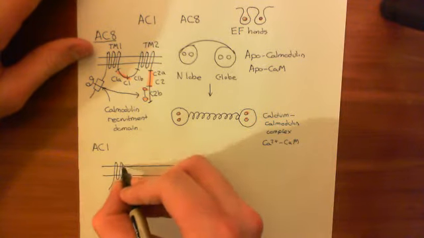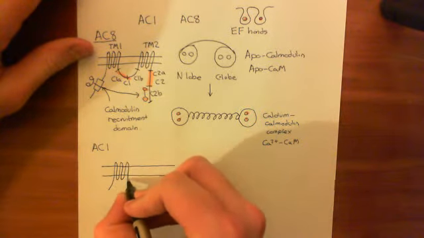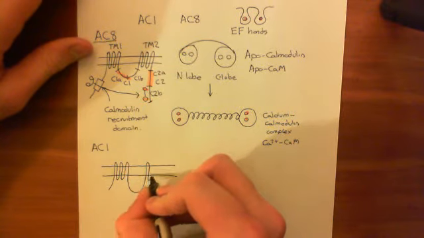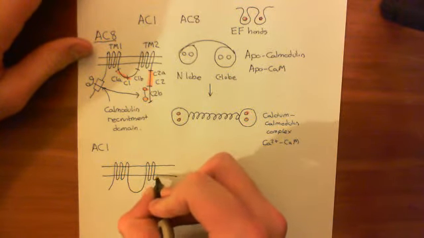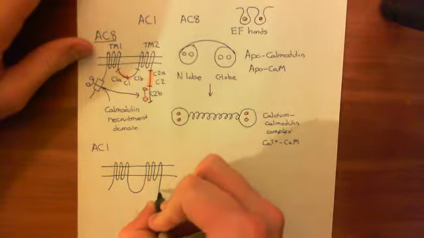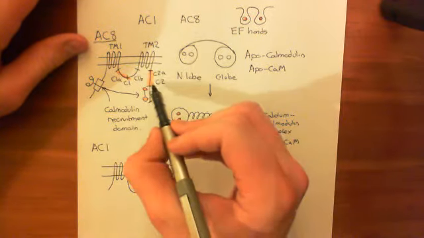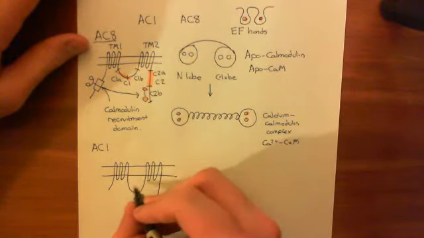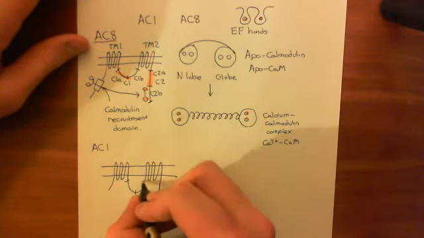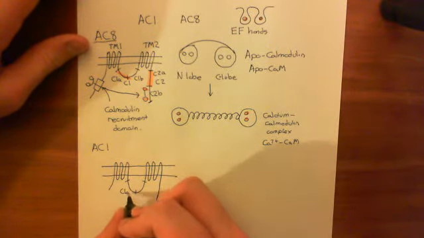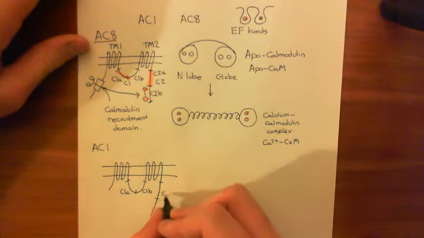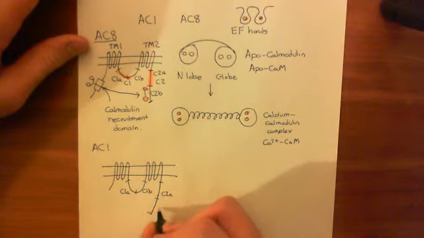It's got the same structure as adenylyl cyclase 8, and again, it's activated in the same way as adenylyl cyclase 8, i.e. you need the dimerization of this C1a with this C2a region in order to get an active enzyme. Okay, so here's C1a here, here's C1b, here's C2a over here, and here's C2b.